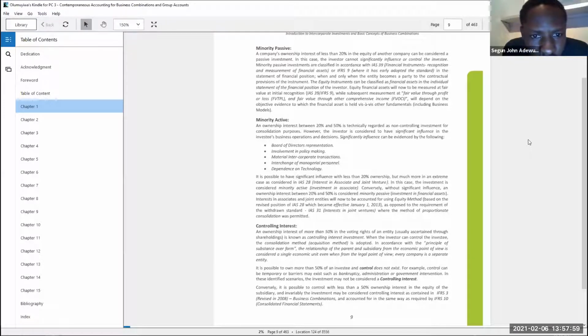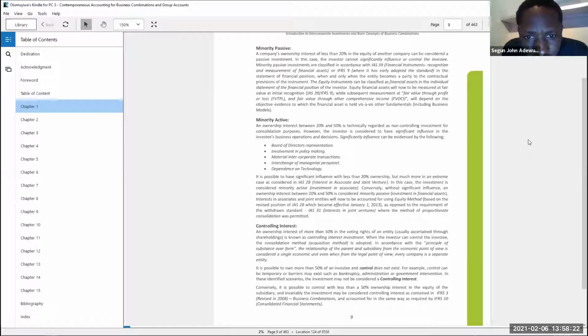In the statement of financial position, when and only when the entity becomes a party to the contractual provisions of the instrument, the equity instruments can be classified as financial assets in the individual statement of financial position of the investor.